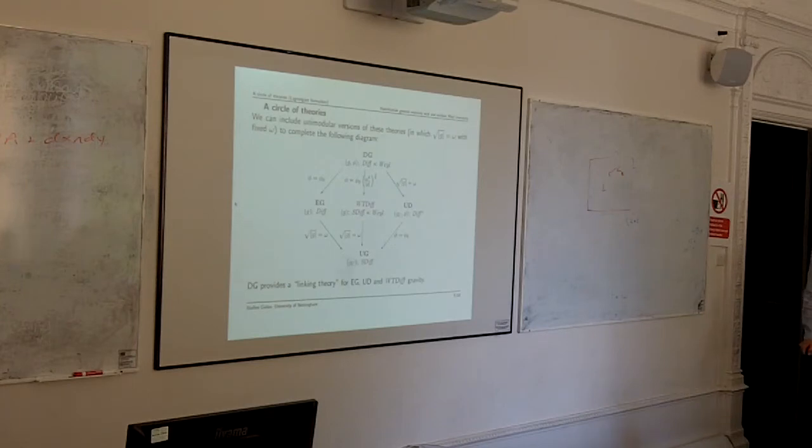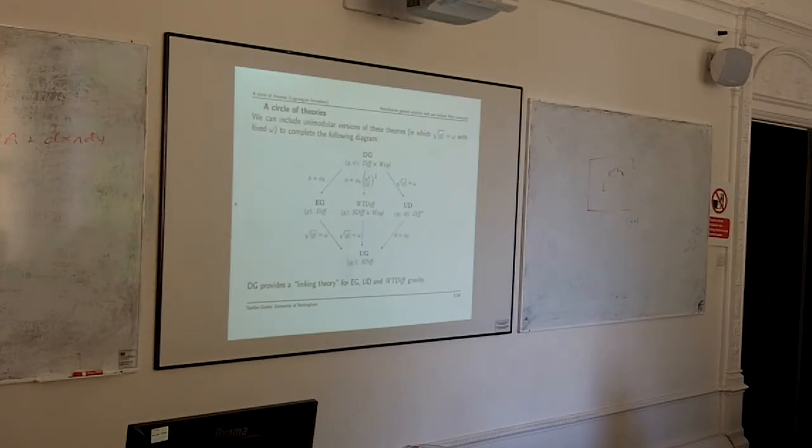Okay. So in this sense, in this Lagrangian picture, everything is quite nice and straightforward. You can say it really is a kind of linking theory. These three formulations, if you compare them, they all have the same number of dynamical fields and the same number of symmetries. But getting between them, finding the transformation that relates them to each other might be quite complicated. If you observe that all of them come from this DG under different gauge choices, then this is much more straightforward.